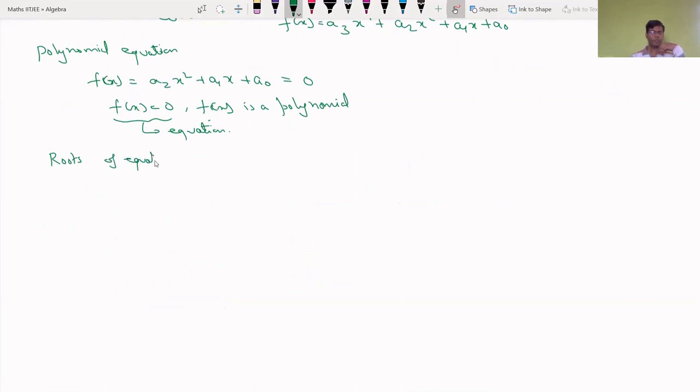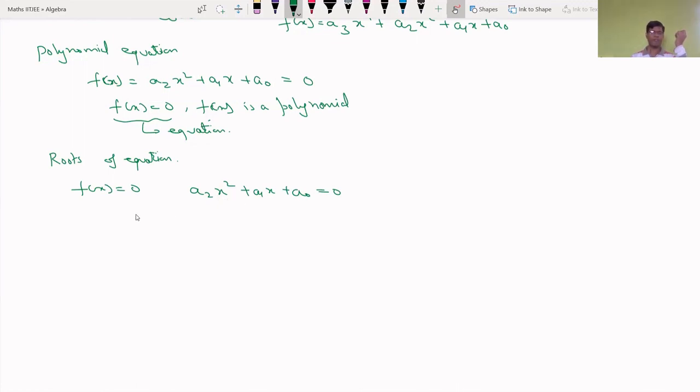Roots of equation. The values of variable x satisfying the given equation are called the roots. Suppose f of x is equal to 0 is an equation. Let me take a quadratic equation for simplicity: a2x square plus a1x plus a0 is equal to 0. This equation will be satisfied for some value of the variable x.